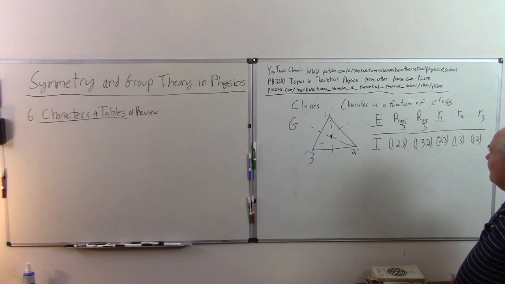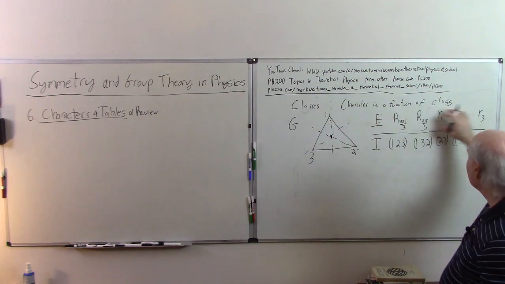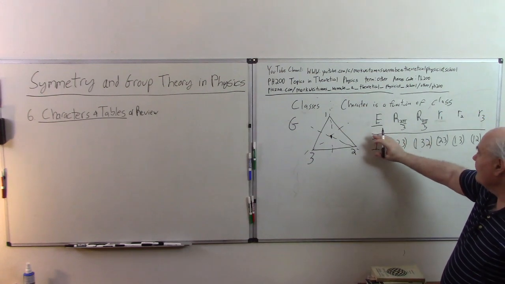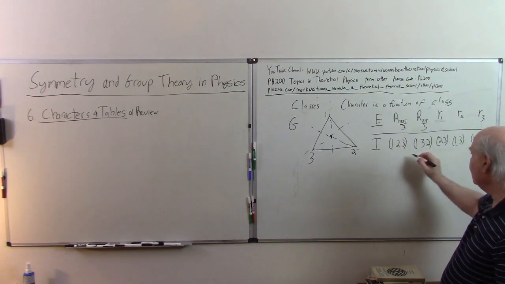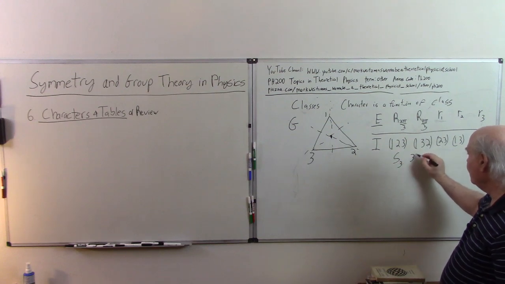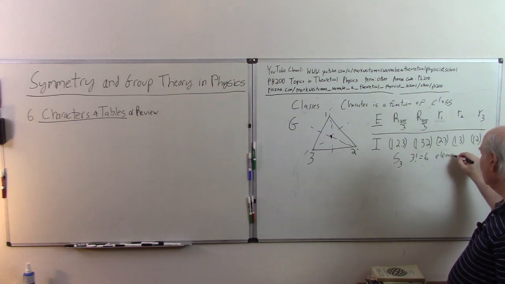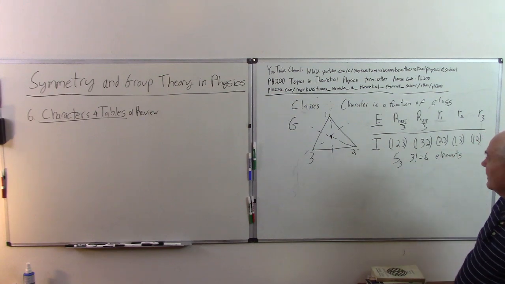So if I were to describe this group as a geometric transformation group, I would think of it this way. If I describe it as a permutation group, S3, it has 3 factorial or 6 elements. So these are the elements of our group.